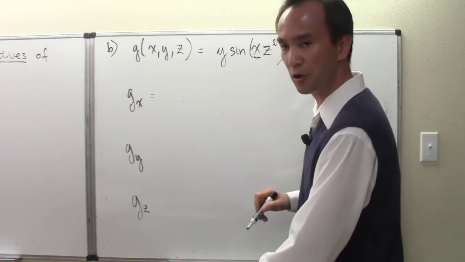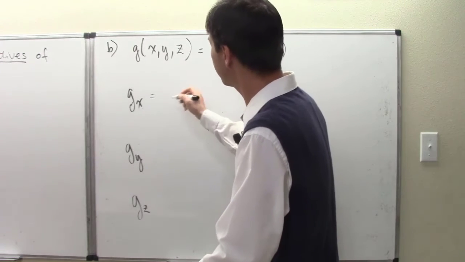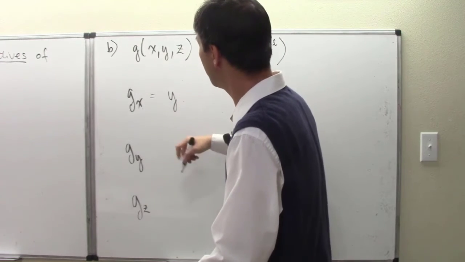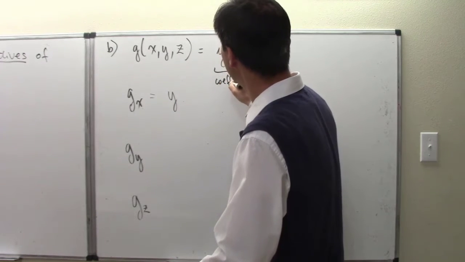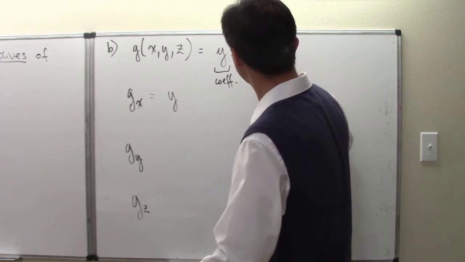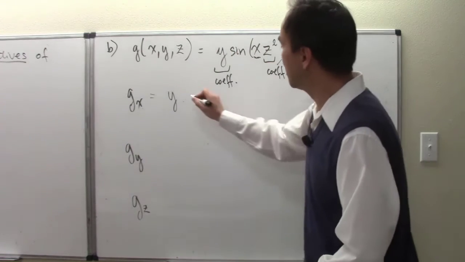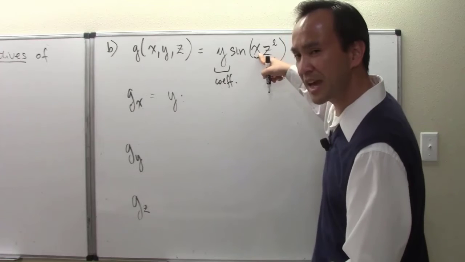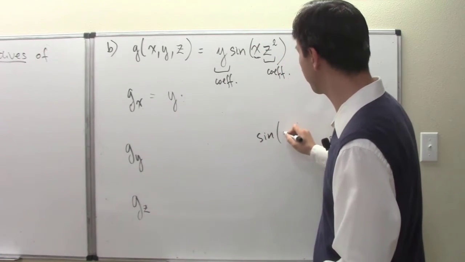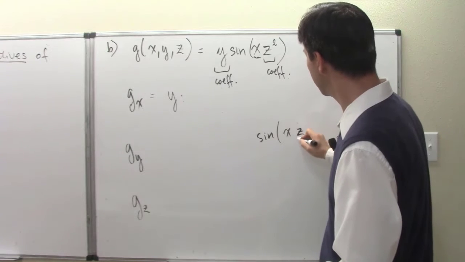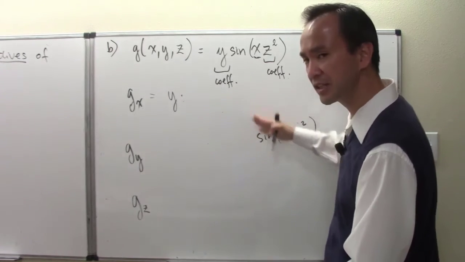Everything else is a coefficient. All right, so now I'm going to look at y as a coefficient. But now in the function, the x variable is inside the sine function. The coefficient z squared is the coefficient for x, but the whole x z squared is inside the sine function.